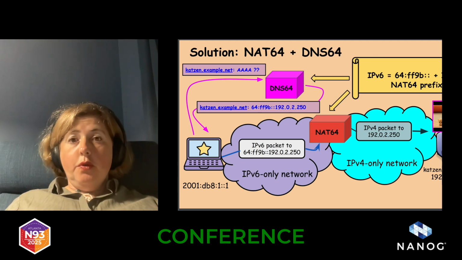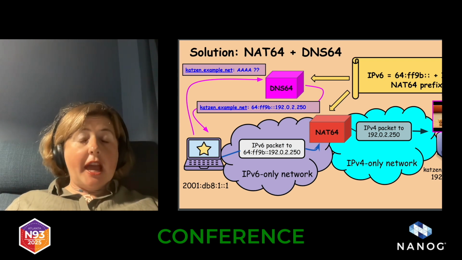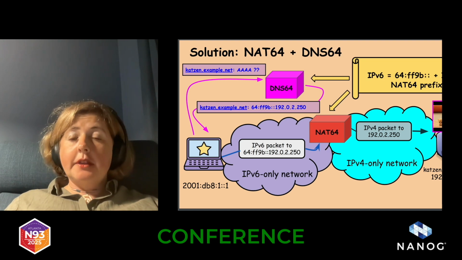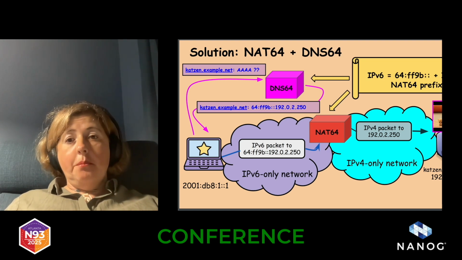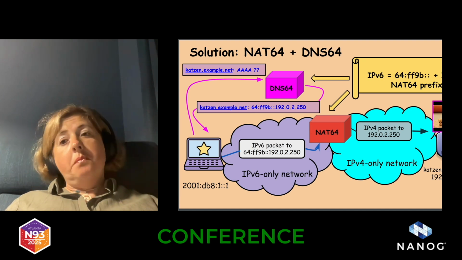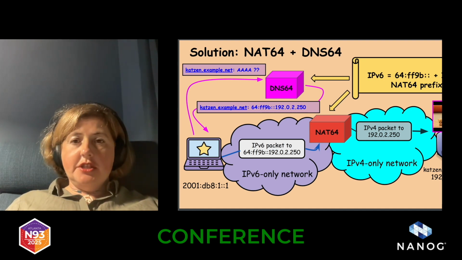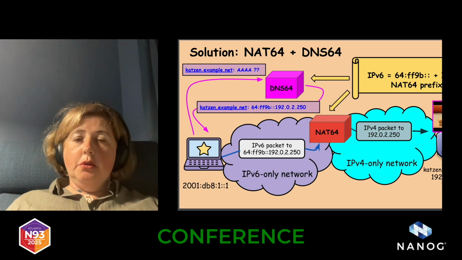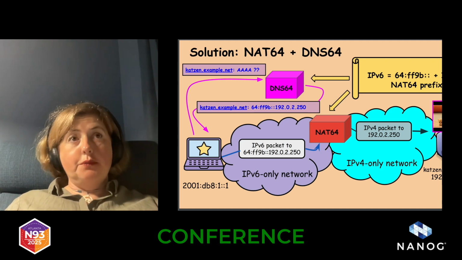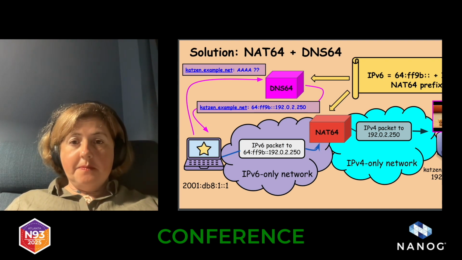When a client asks for a quad A record for a name which does not have one, the DNS64 server would actually return a quad A record, which it would generate by combining a dedicated so-called NAT64 prefix /96 with 32 bits of the actual IPv4 address from an A record in DNS.